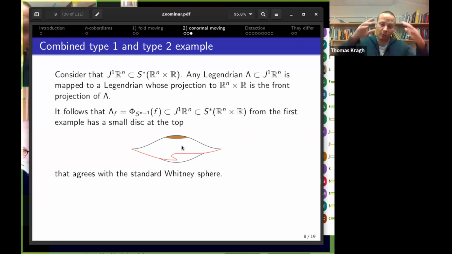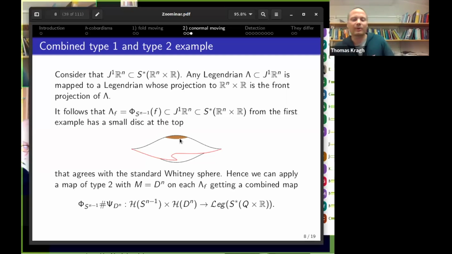And now I'm drawing the projection. I shouldn't call it the front projection anymore, because now it's the projection from the unit cosphere down to Rn cross R that I'm drawing. But now it is an embedded manifold here, so I can identify a small tubular neighborhood of this brown thing cross Dn. And then I can define a combined map that applies both type 1 and type 2.